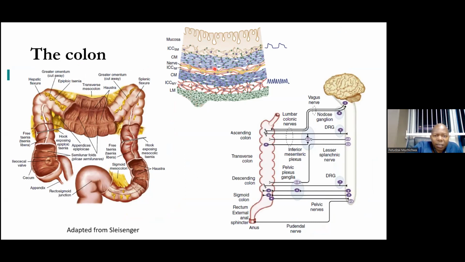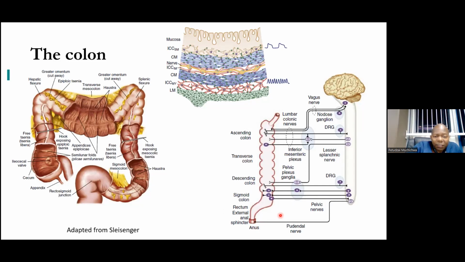Intertwined between these muscle layers is the enteric nervous system with the interstitial cells of Kajal, which is usually where the contraction of the colon originates, and they are modulated by the sympathetic and the parasympathetic nervous systems. As you can see here, the innervation is actually quite complex. Of note is that the external anal sphincter is supplied by the pudendal nerve.